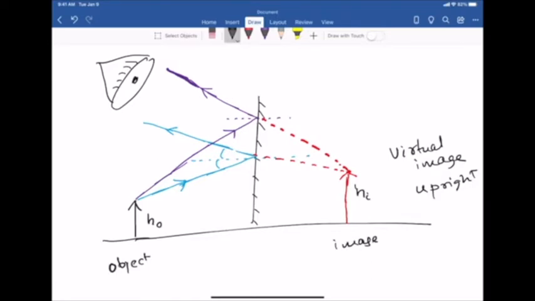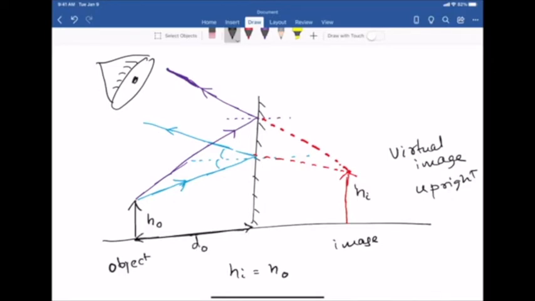You can prove from school level geometry, just using similar triangles and congruent triangles and all that stuff, that ho and hi are the same. So hi is equal to ho. There's also another important quantity, that is the object distance, or the distance of the object from the optical system, which is the mirror in this case, and that distance is called do, the object distance.